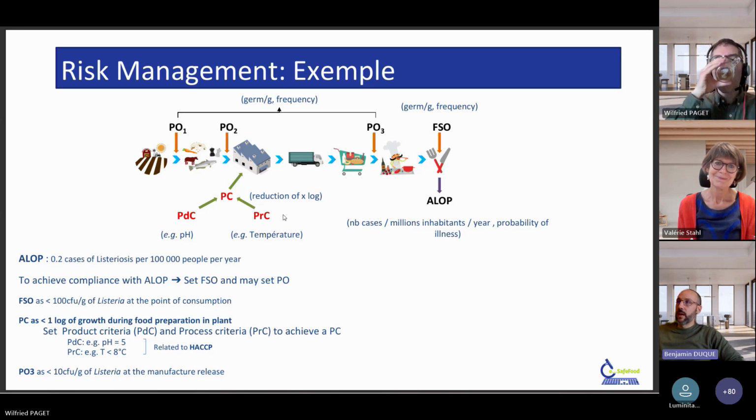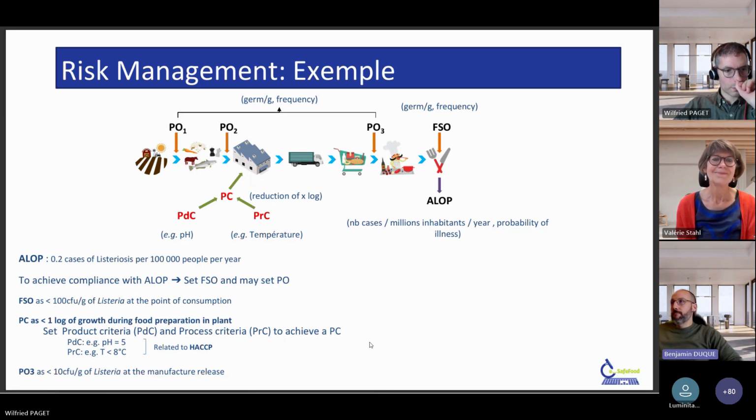And for Listeria monocytogenes, the FSO is under 100 CFU per gram at the consumption time, and it's especially true for ready-to-eat products. And to achieve this FSO, the PO at the manufacturer release is inferior to 10 CFU per gram.